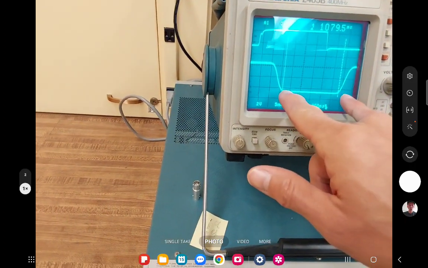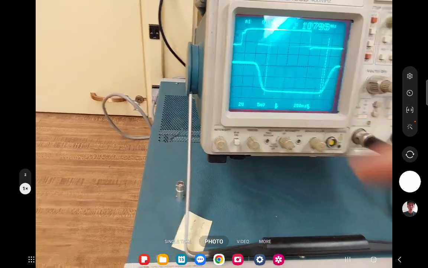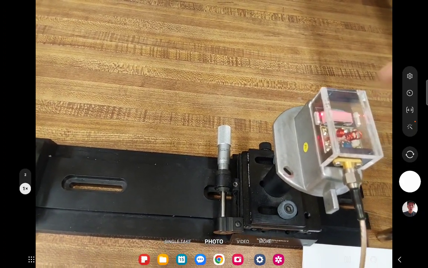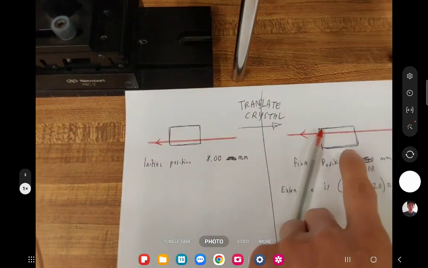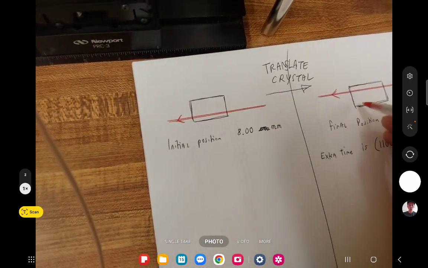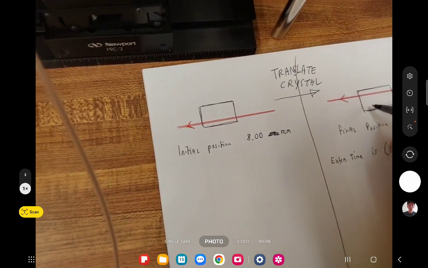So this time span here is the extra time because of the extra distance, right? Because we move the crystal from here to there, waves in the crystal that start on the bottom side, right? Actually, let me draw them in gray.